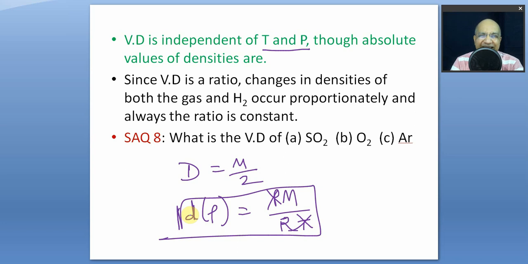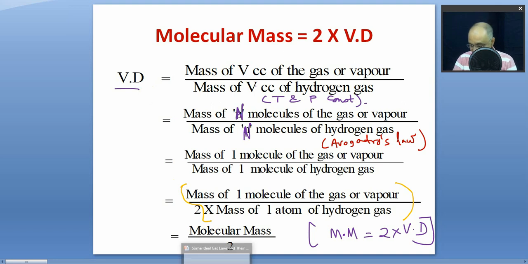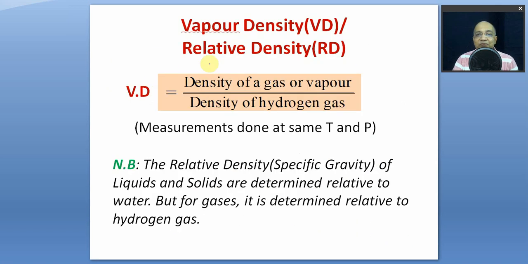Number 2, the direct answer: since it is a ratio, the density of the gas by the density of hydrogen, and the conditions are the same. If the conditions are changed for the gas, its density changes, and proportionately the density of hydrogen also changes. If this increases, this also increases, and the ratio remains constant.